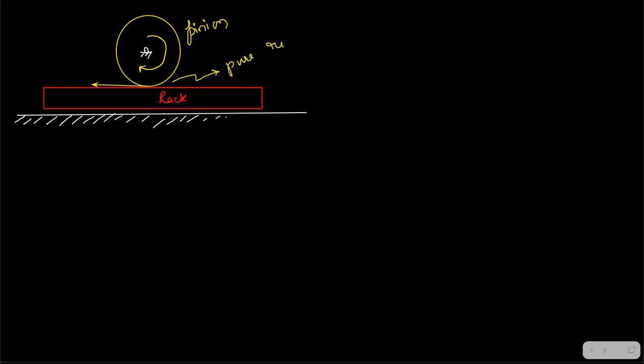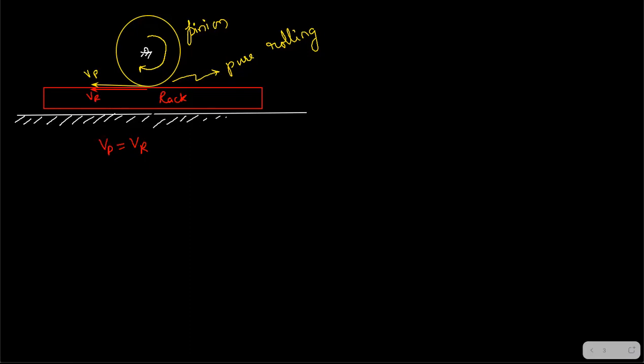If between the rack and pinion you have pure rolling at the point of contact, then the pinion is also going to go in the same direction with the same velocity. If I want to write an equation, with this the velocity of pinion and this the velocity of rack, I will say that Vp is equal to Vr.